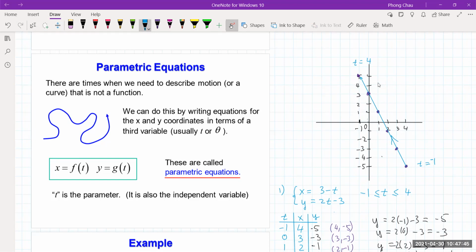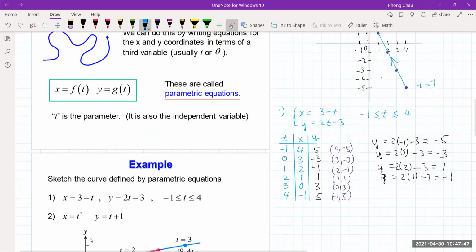Now let's look at the second example down here. In the second example, we have x equal t squared and y equal t plus 1, right? So for example 2, number 2, x is t squared and y is t plus 1.